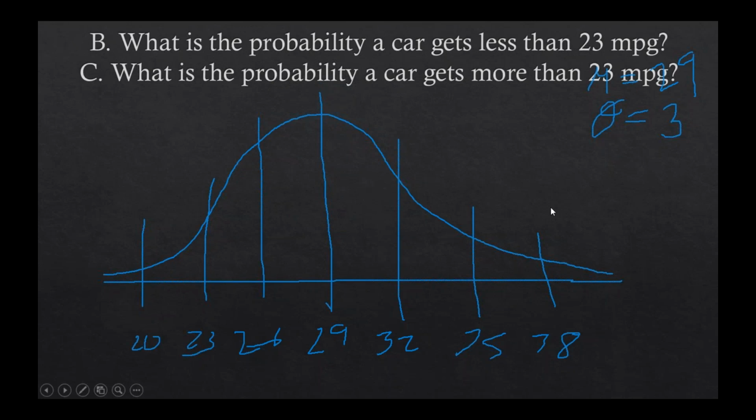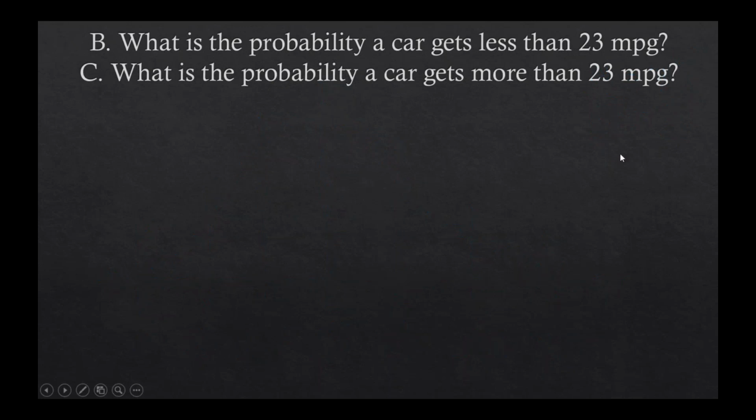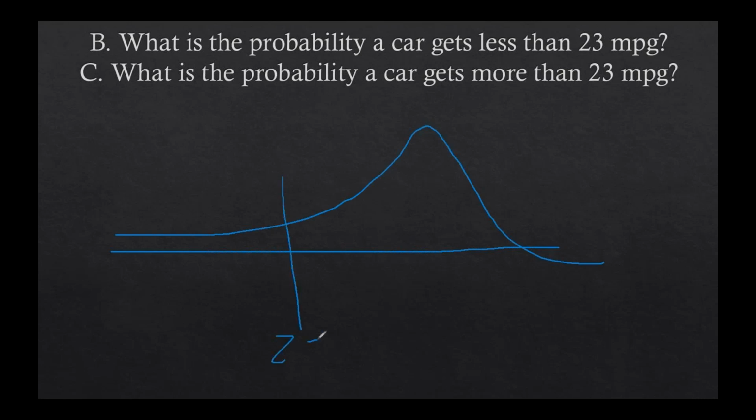All right, so we're going to do B and C at the same time: the probability a car gets less than 23 and the probability a car gets more than 23. When you're thinking about this, 23 was down here. Part B says less than 23, so we're looking at the area to the left. You would add up all the percentages to the left.